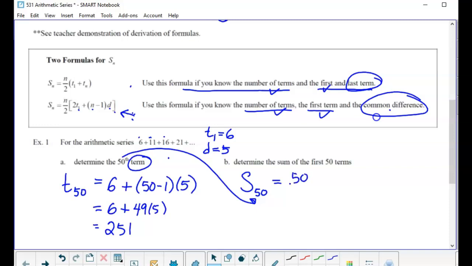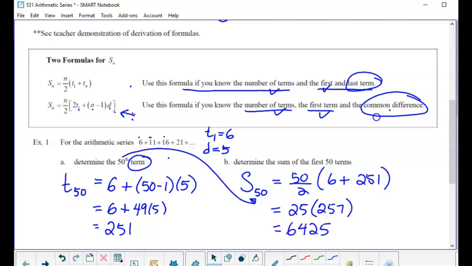So 50 over 2 times the first term plus the 50th term. Okay. So 6,425.